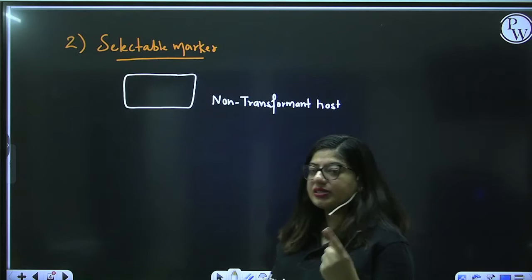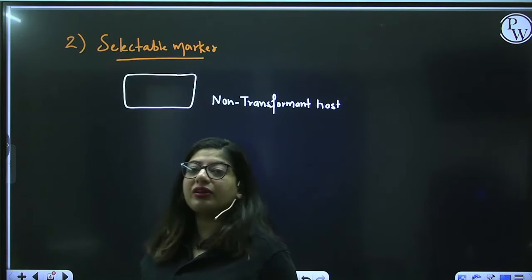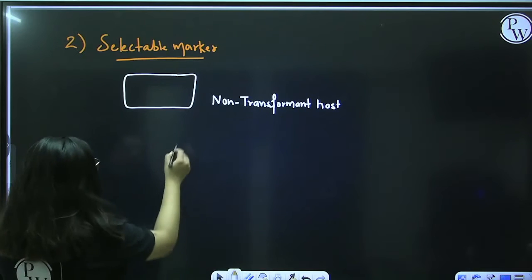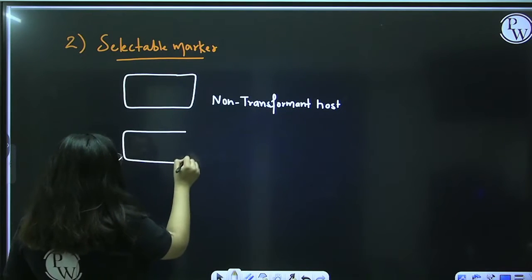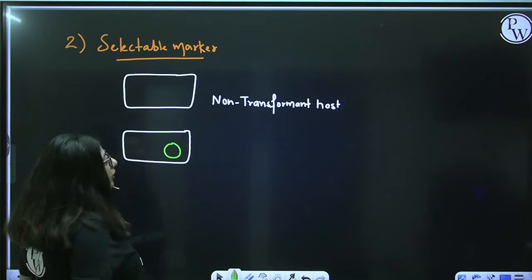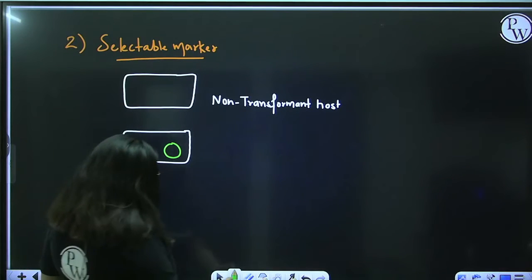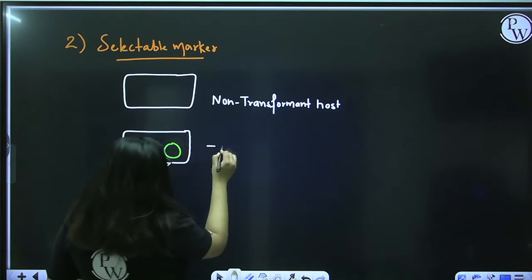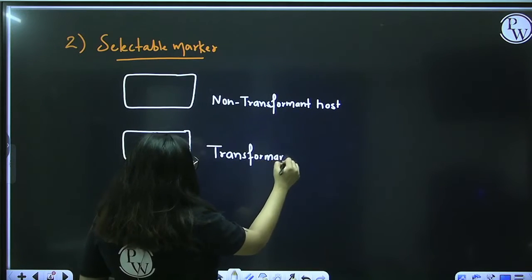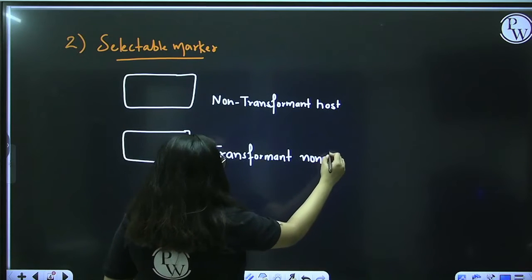The first chance is that maybe your vector is not able to incorporate inside the host. The second reason can be that maybe your host gets the vector, but this vector does not have a recombinant DNA. So this type of cell is a transformed cell, a transformant, but non-recombinant.